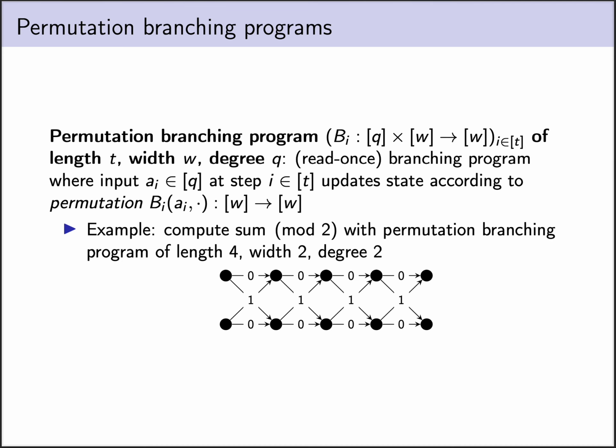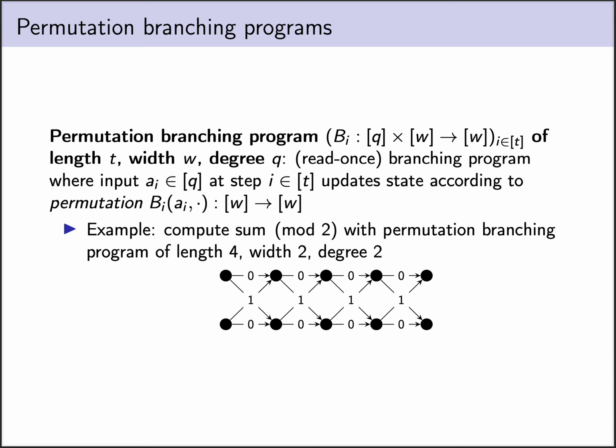Okay, so I'll come back to the proof for symmetric functions, but first I want to overview our results for permutation branching programs. Just to review, a permutation branching program for the purpose of this talk is essentially a read-once branching program where we take in a sequence of T inputs and we store an internal state, which has W possible values.